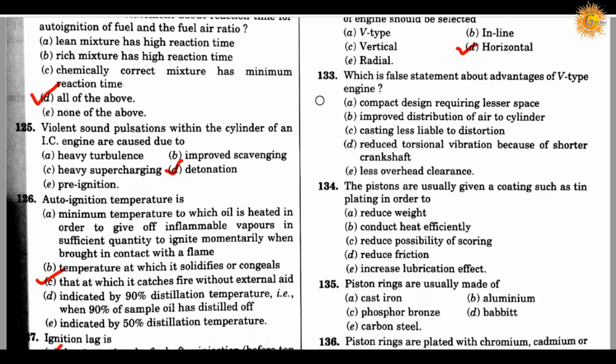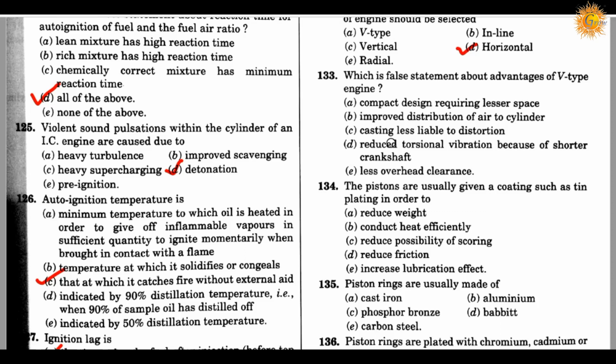Question number 133. Which is a false statement about advantages of V-type engine? Option A, compact design requiring less space. Option B, improved distribution of air to cylinder.